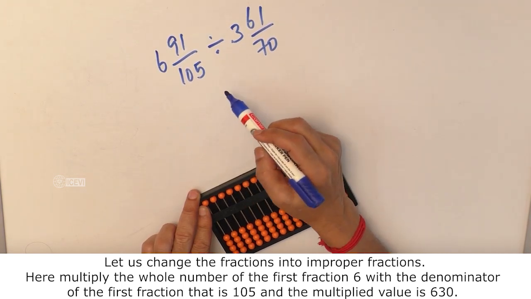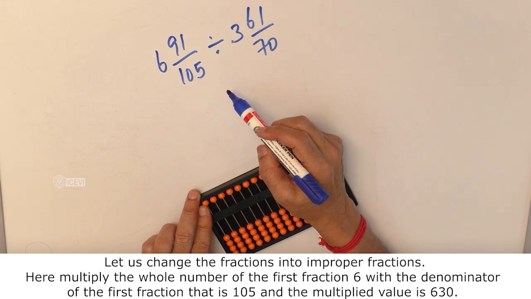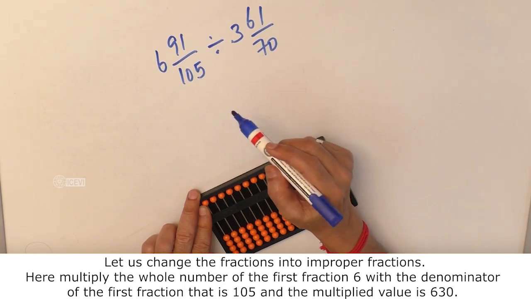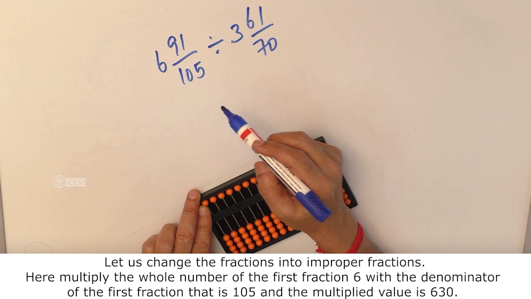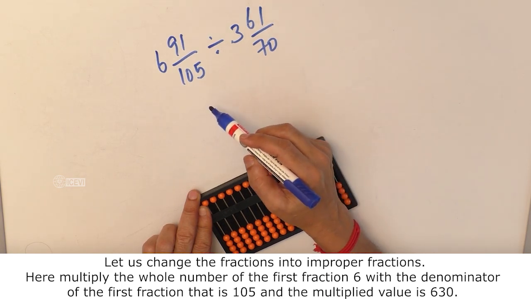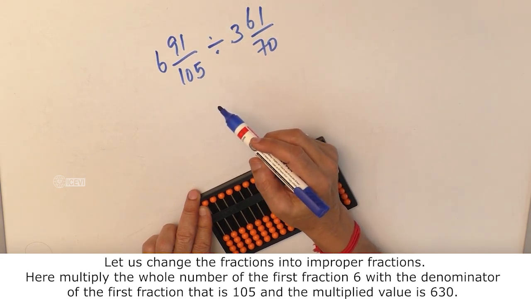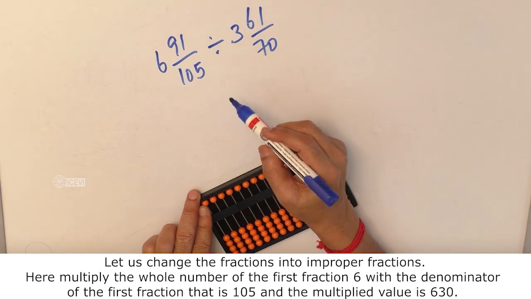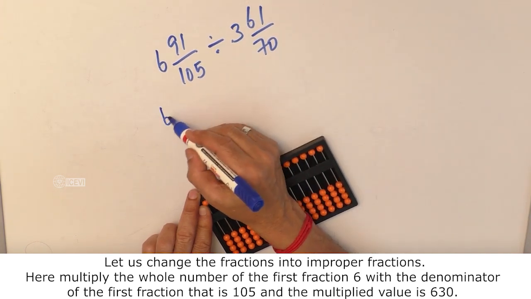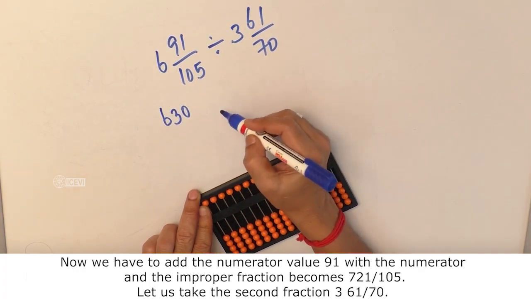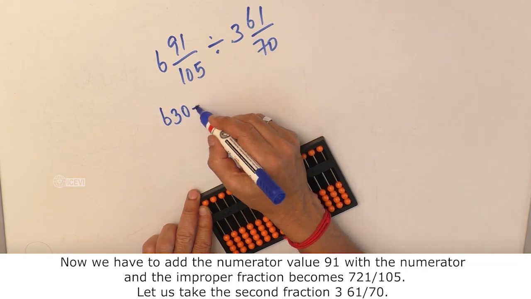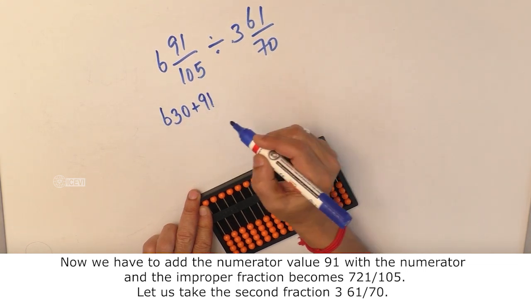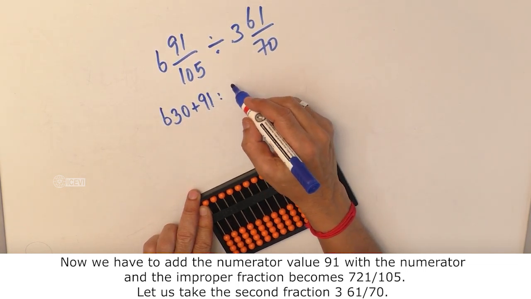Here, multiply the whole number of the first fraction, 6, with the denominator of the first fraction, that is 105, and the multiplied value is 630. Now we have to add the numerator value 91 to this, and the improper fraction becomes 721 by 105.